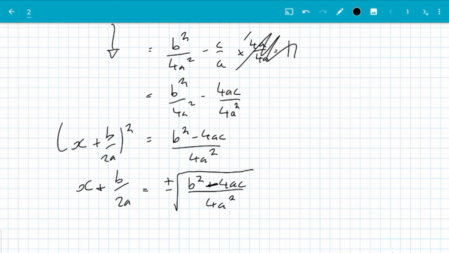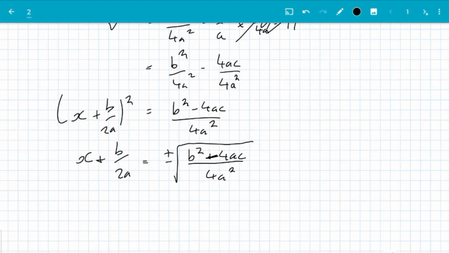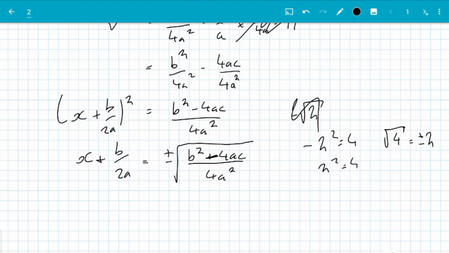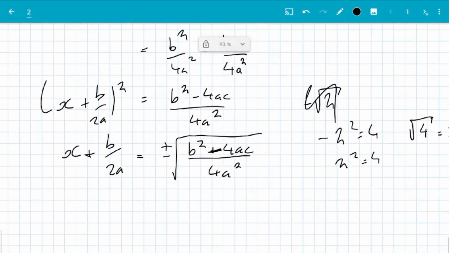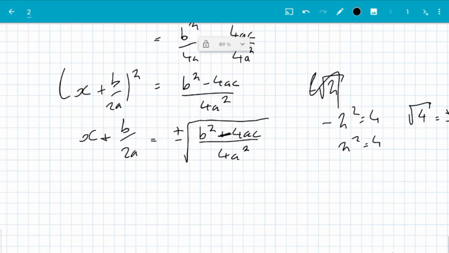And this can be plus or minus, because, for example, negative 2 squared equals 4, and 2 squared also equals 4. So we say that the square root of 4 is equal to positive or minus 2. So make sure you remember the positive or minus sign.